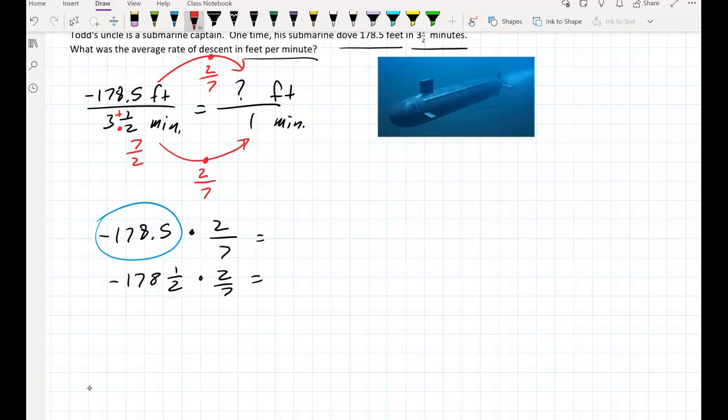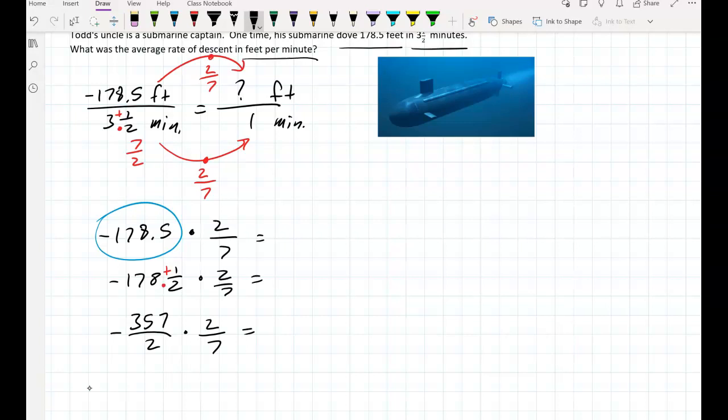So I have to multiply 2 times 178 and then add 1. And to save a little time, 2 times 178 is 356, plus 1 is 357 over 2. And that's negative times 2/7.